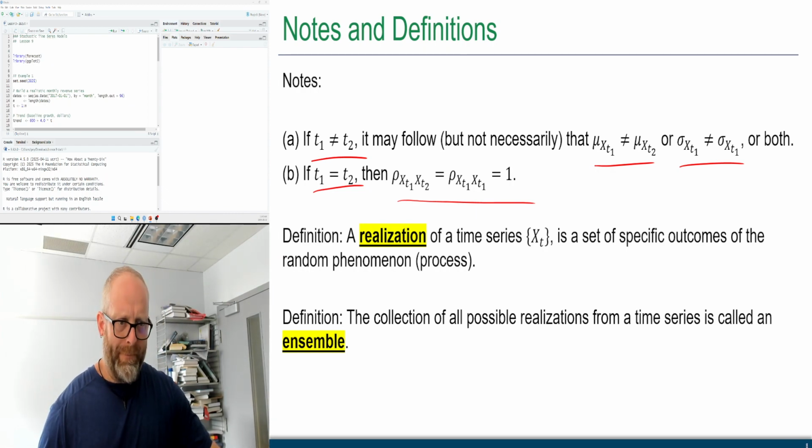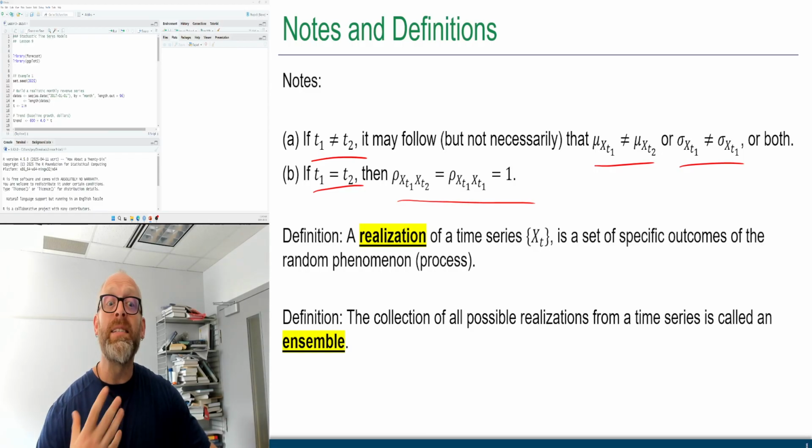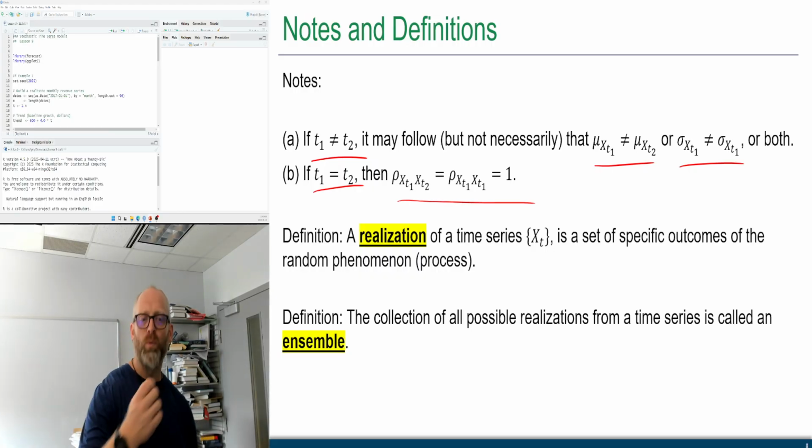Definition here. A realization of a time series x sub t is a set of specific outcomes of a random process. This is how we kind of started talking about a time series. We had a time series, we just had values over a period of time. This is what's known as a realization of a time series. So again, each one of our time periods is a random variable.